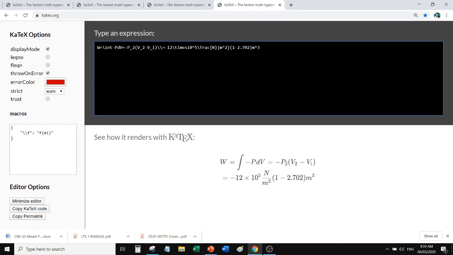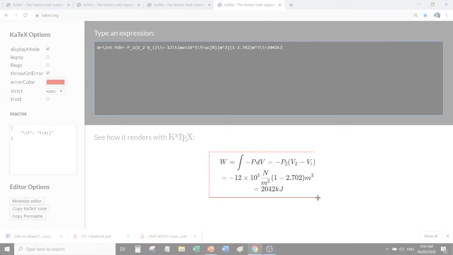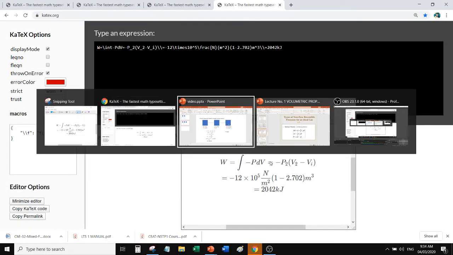So the meter squared will cancel, leaving the unit Newton meter or joules, and you will get positive 2402 kilojoules. Okay, so this is step 2 work.